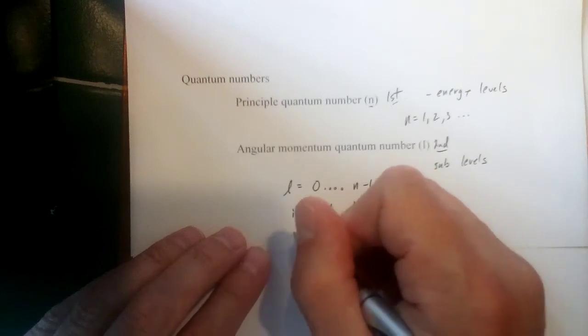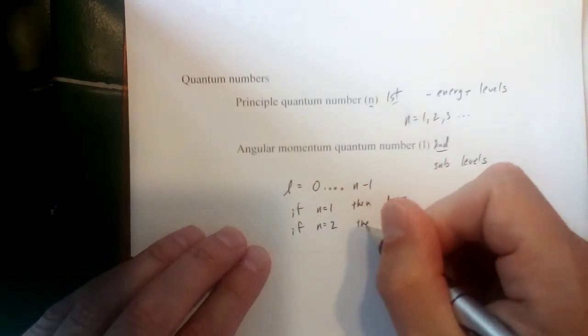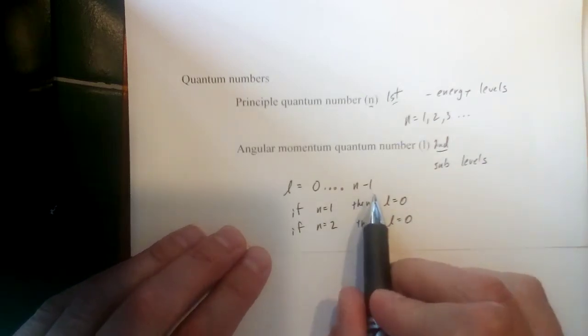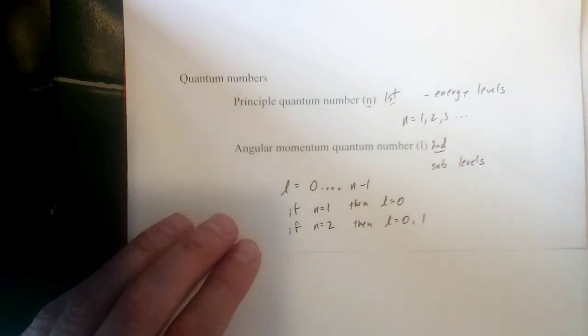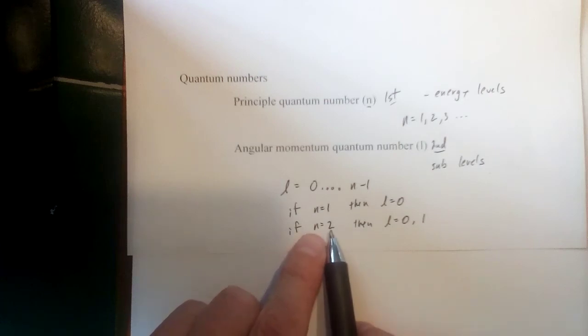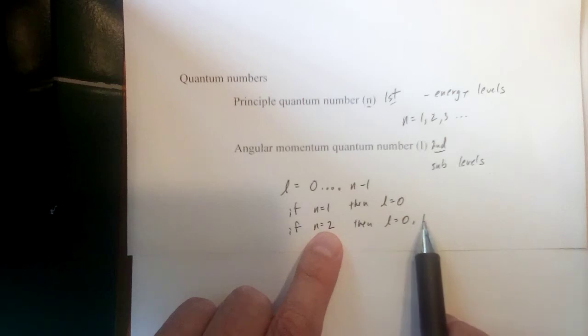But if we go to the second level, if n equals 2, then L starts at 0, but n minus 1 is 1. So there'll be a second value that corresponds to a sublevel in the second energy level. So n equals 2, the second energy level, has two sublevels: one where L equals 0, one where L equals 1.